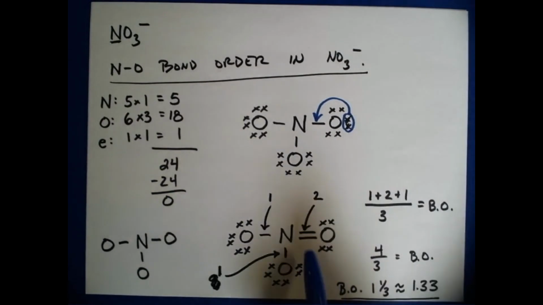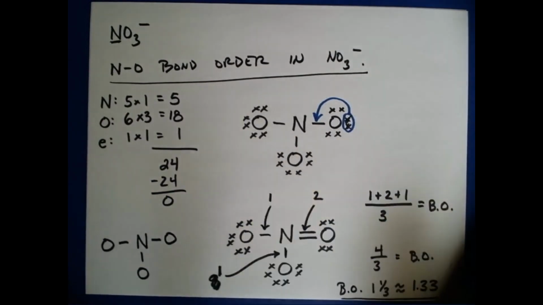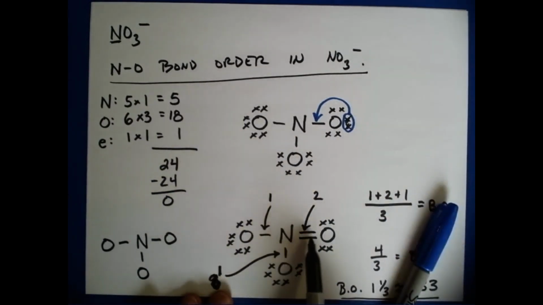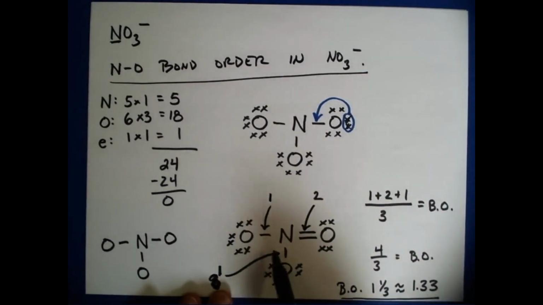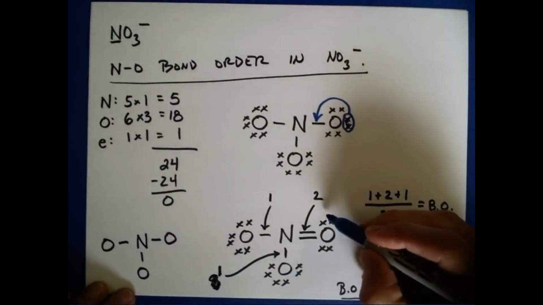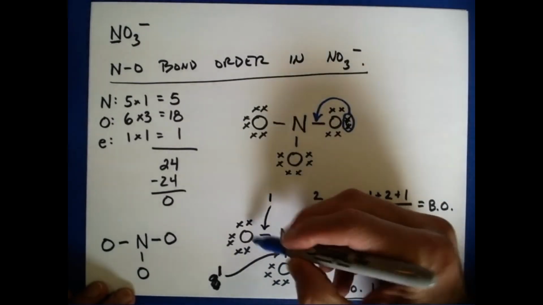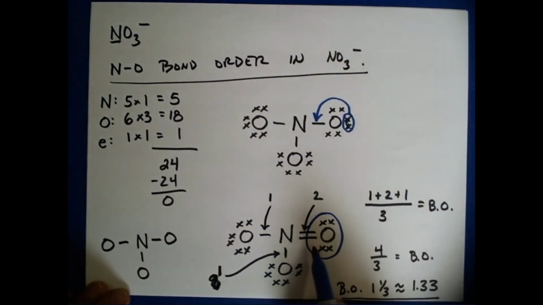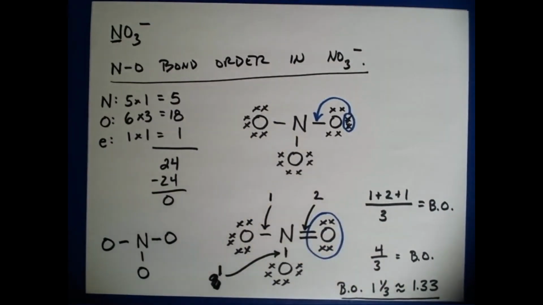Now, if this is the way that I draw the structure, such that one of the oxygens has a double bond and the other 2 have a single bond, well, then it would be the case that I can tell the difference between this oxygen atom and the other 2. Because there's a double bond here to the nitrogen, and here there's only single bonds.